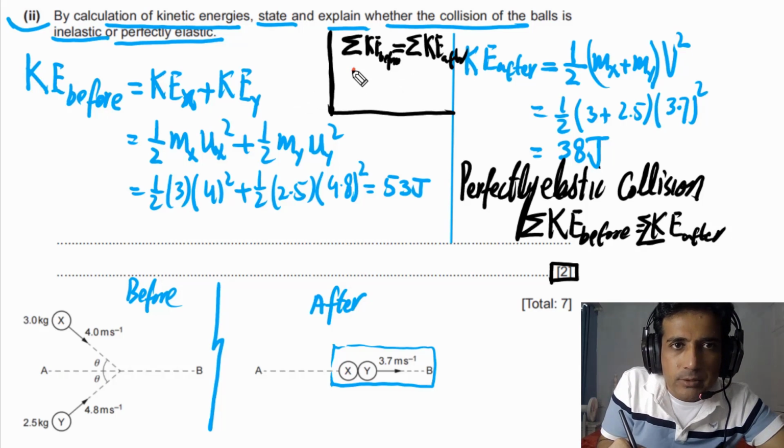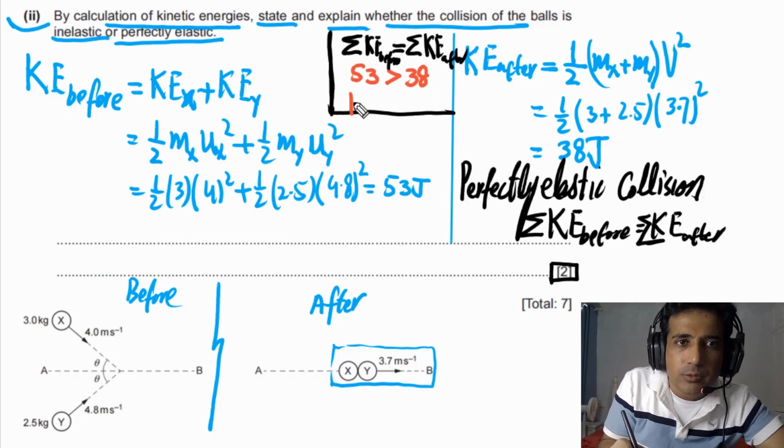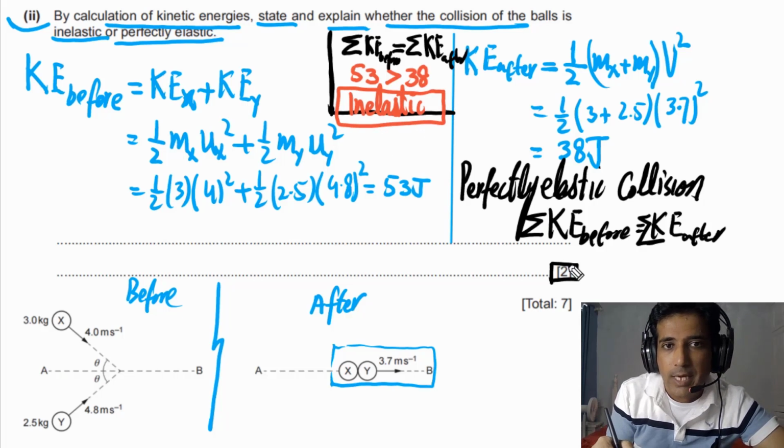Because the sum of kinetic energy before collision is 53, which is greater than 38, the sum of kinetic energies after collision, this collision is inelastic. So you have to write down inelastic. This question has 2 marks.